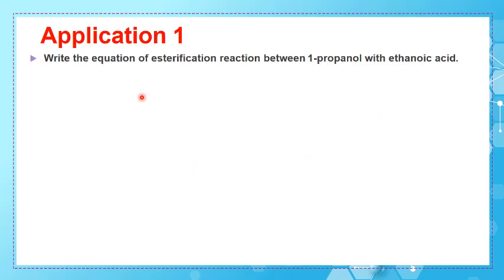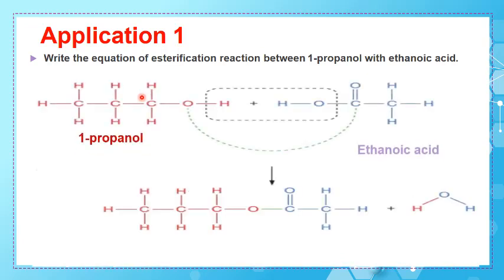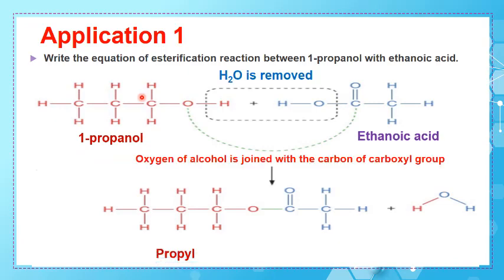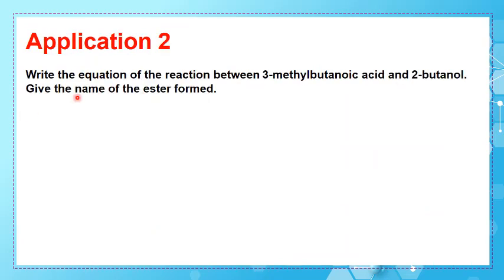Let's do an application. Write the equation of the esterification reaction between 1-propanol and ethanoic acid. Do a pause, work on a scratch paper, and then here is the solution. Another application, you have to write the equation of the reaction between 3-methylbutanoic acid and 2-butanol.